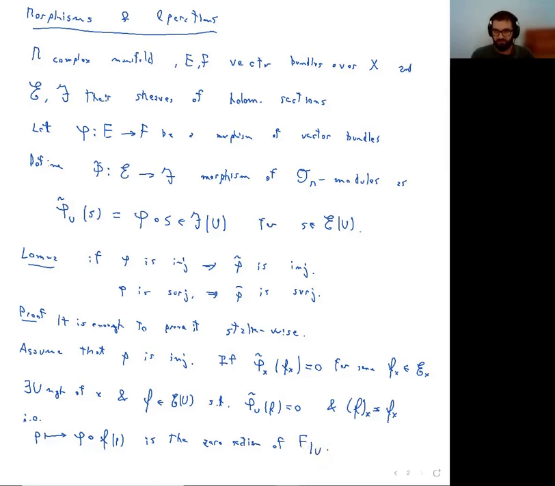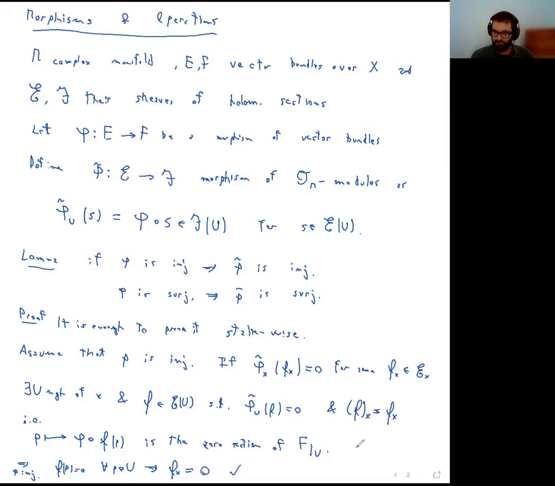So being zero means being the zero section. But now, of course, we can use the fact that phi is injective. So phi is injective, it's a morphism of vector bundles. So in particular, f of P is zero for every P in U. Therefore, the image under the direct limit is also zero. Okay, so nothing too complicated.